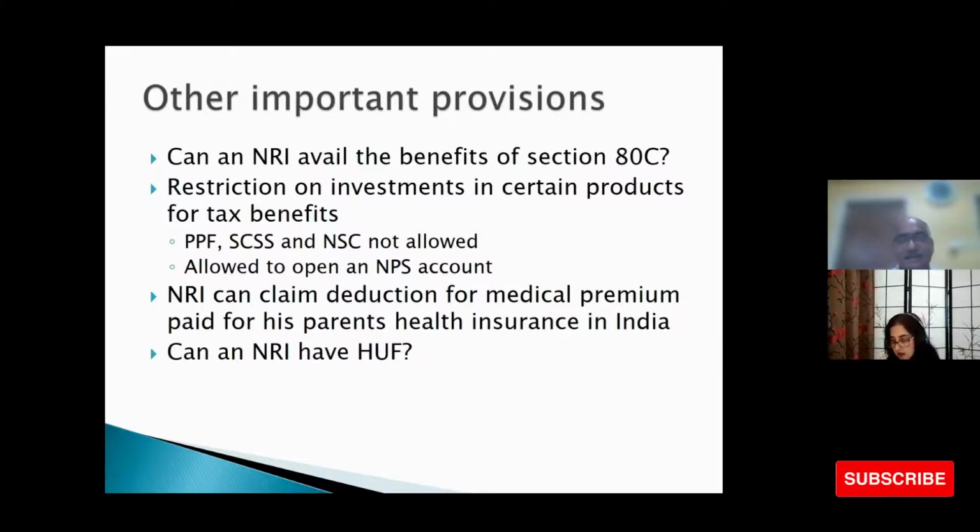So this offers an excellent opportunity to invest in India for your retirement fund at very low cost.